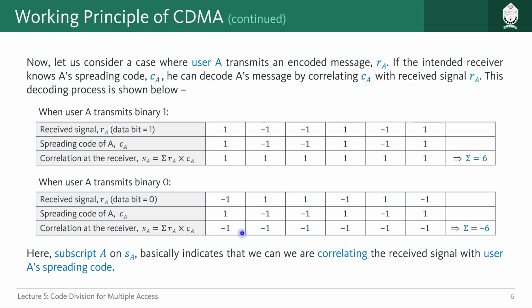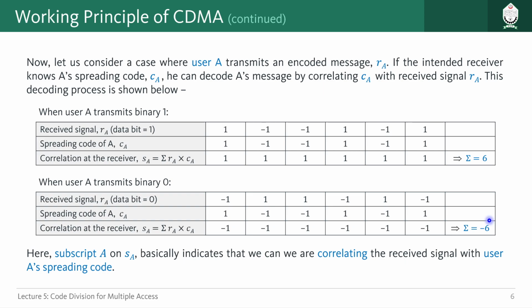So all the values are minus 1 here at the result, all the values are 1 here. So for both of these cases we got different values of correlation. Whenever user A transmits binary 1, we are getting 6, and when user A transmits binary 0, we are getting minus 6, right? So let us remember that for now.